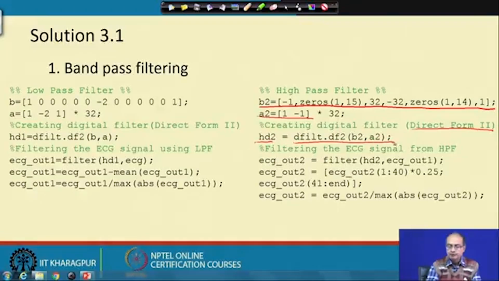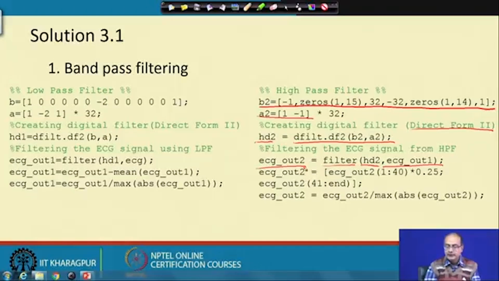So, the high pass filter HD2 is created, and next it is applied on the output of the low pass filter using the command filter, and we get ECG out 2, which we can take as the output of the band pass filter consisting of the cascaded low pass and high pass filter.